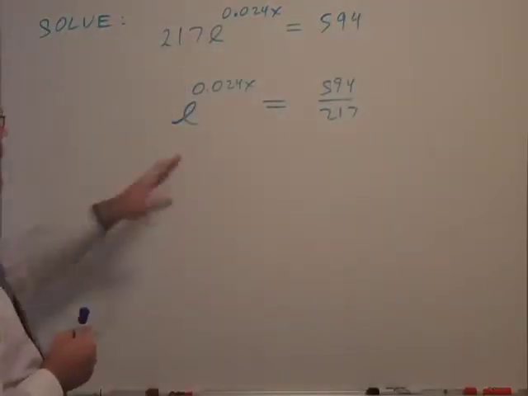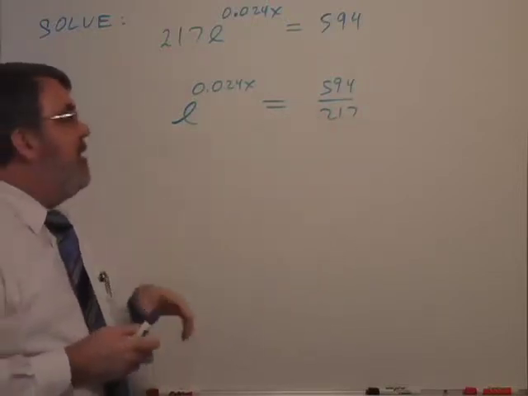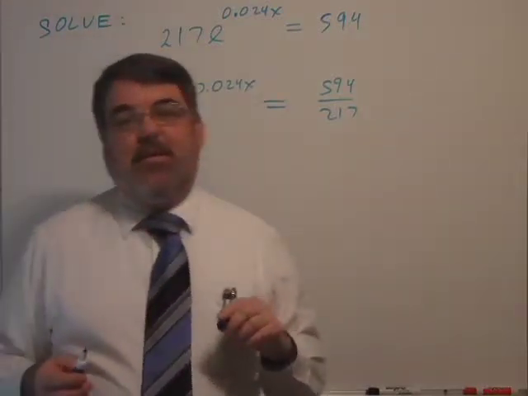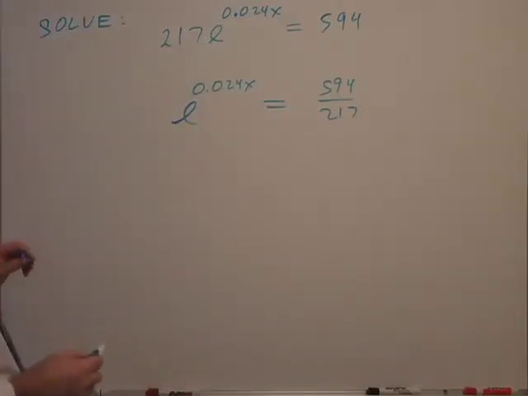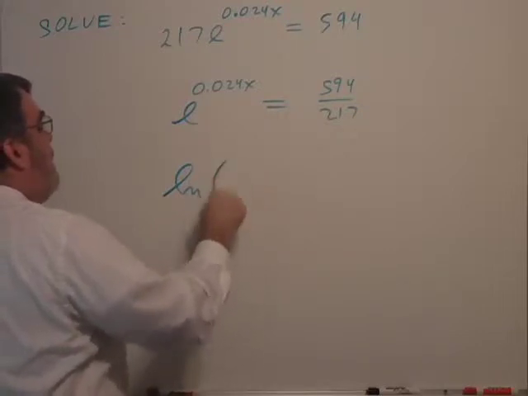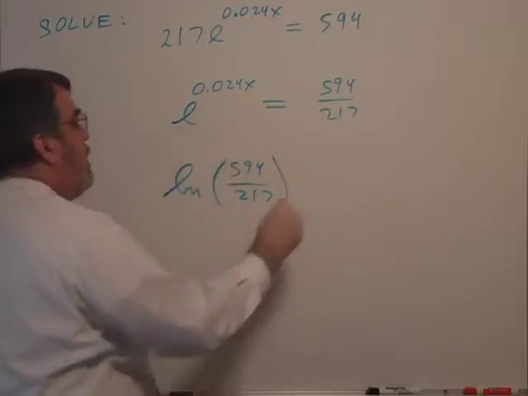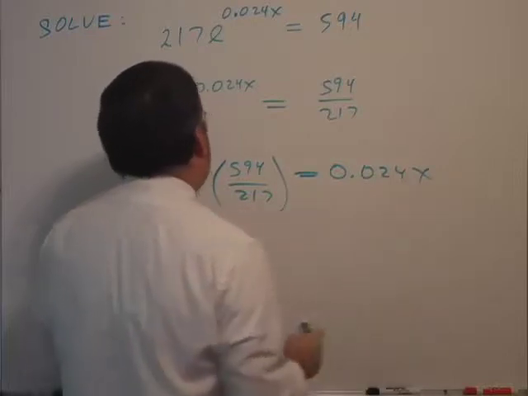All right, so here I have e to a number equals this number. Let's think about how that works. The e is the inverse function of the natural logarithm, so the natural logarithm of the right side, 594 over 217, equals the exponent, 0.024x.